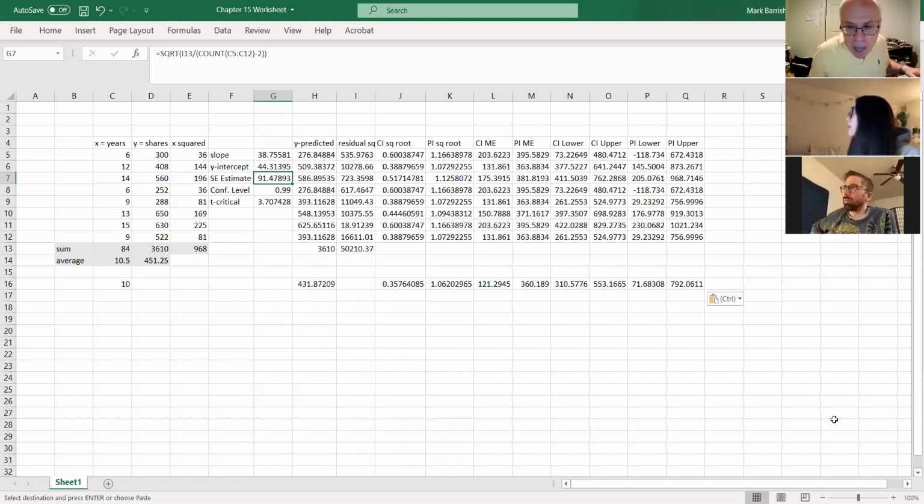It's just the estimated slope minus the hypothesized slope divided by SB1. That formula down there is the standard error of the estimate divided by that square root there. So you could do this too. It comes up to the same idea. You could do that if you want.